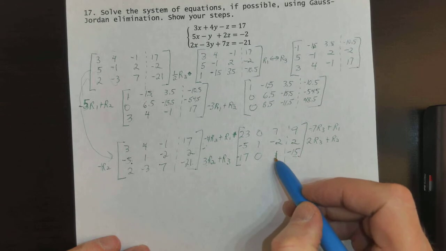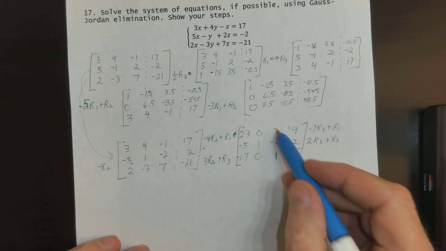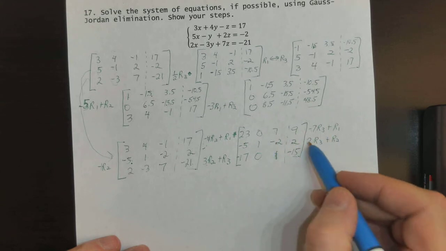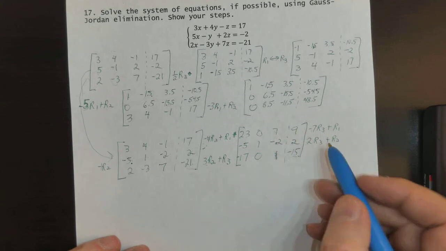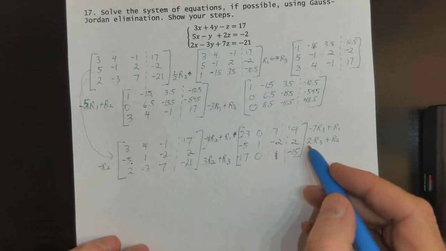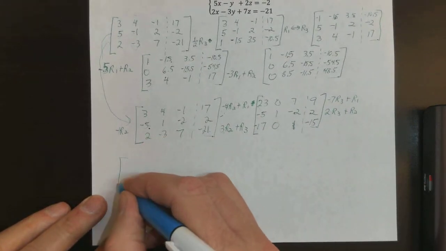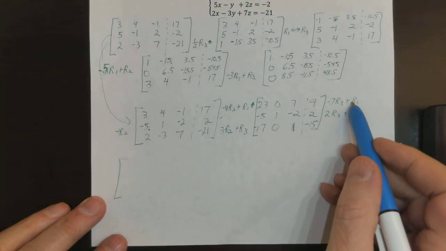You see the 7, 1, I'm only looking right here. I'm looking at these two numbers. Negative 7 times 1 plus 7. 2 times 1 plus negative 2. That's all I'm looking at to make these determinations here. Let's do that. My new row 1.